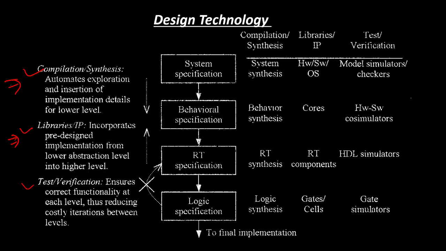An RT level library may consist of layouts for RT components like registers, multiplexers, decoders, and functional units. A behavior level library may consist of commonly used components such as compression components, bus interfaces, display controllers, and even general purpose processors.